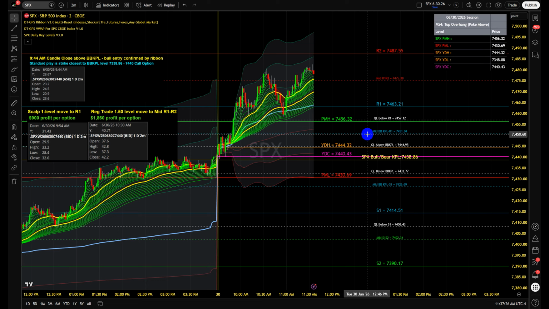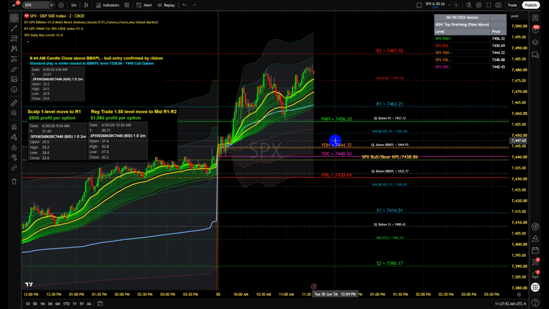Now, a micro scalp trade would be a contextual level that is far enough away from the level that you're basing the trade on, but occurs before the regular scalp one level move. So in that case for today, that would be the PMH level. So micro scalp would just be a hit of the PMH level. Regular scalp, the R1 level.